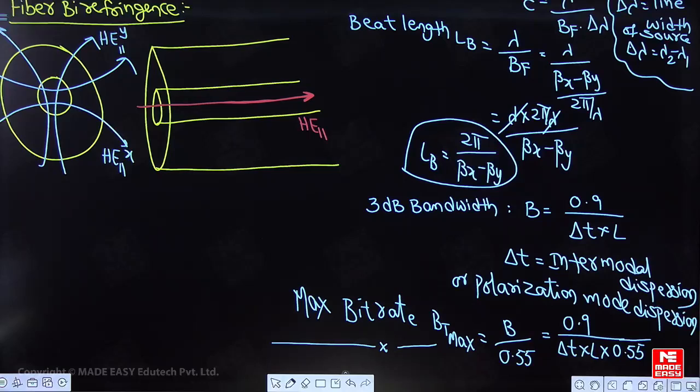The maximum bit rate, we use the notation BT max, is equal to capital B divided by 0.55.